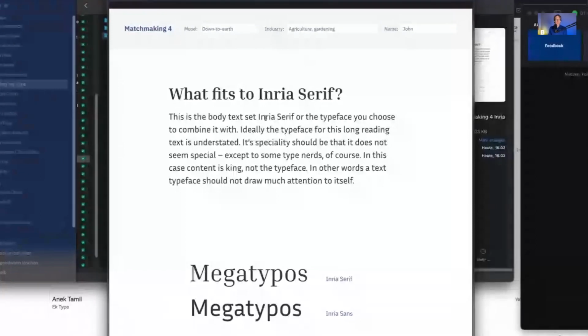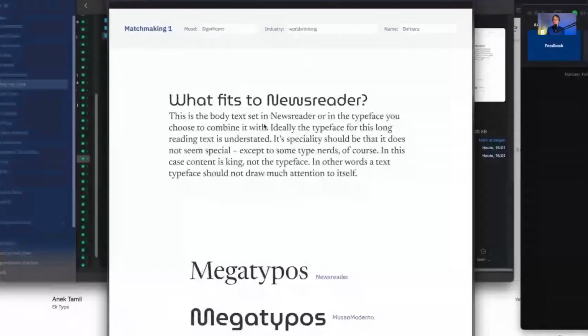What do we have here? We have from Barbara, thanks again for sending it in. We have significant, as the mood and the industry is woodworking. Okay, so significant. It's rather significant to use Museo Moderno and combined with Newsreader. Well, the combination itself works because they're so different.